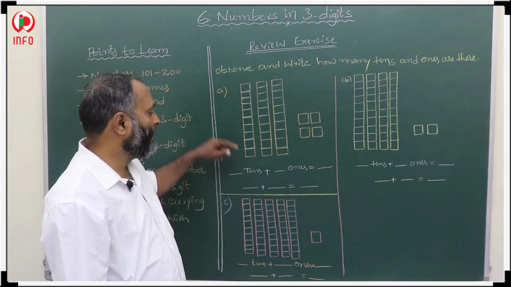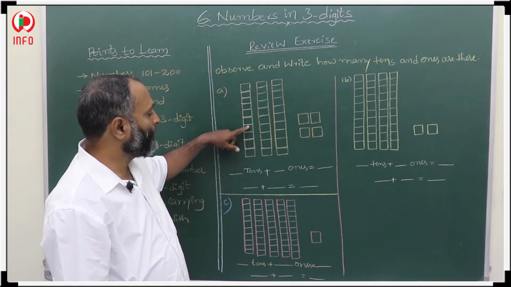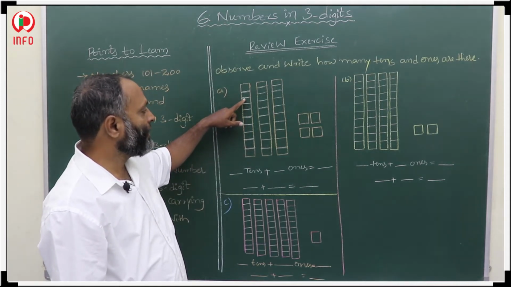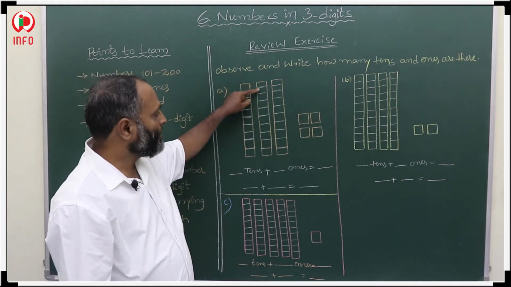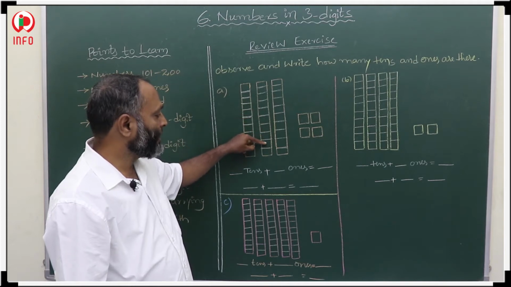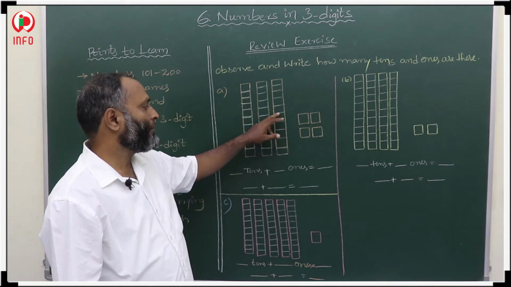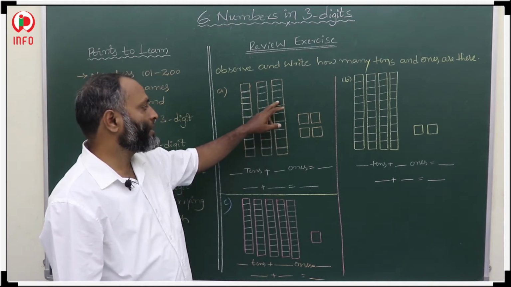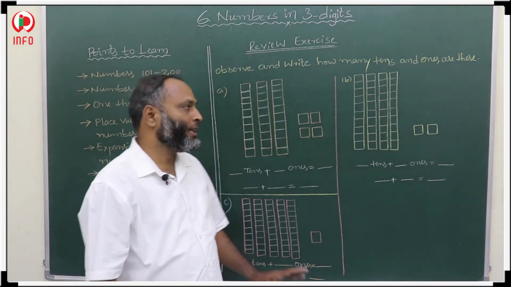See here, how many cubes are there in each bar? 1 2 3 4 5 6 7 8 9 10. 10 cubes. Again 10 cubes. 10, 10, 10.